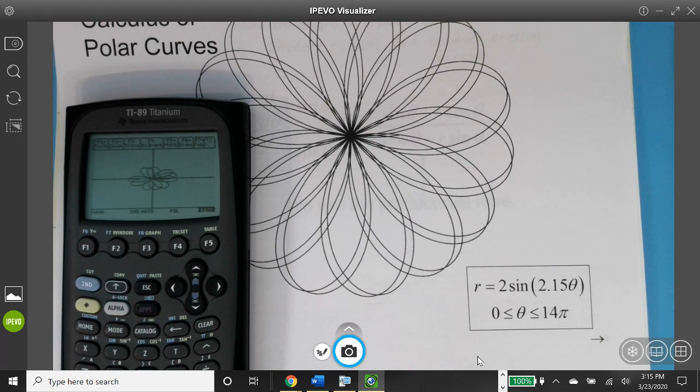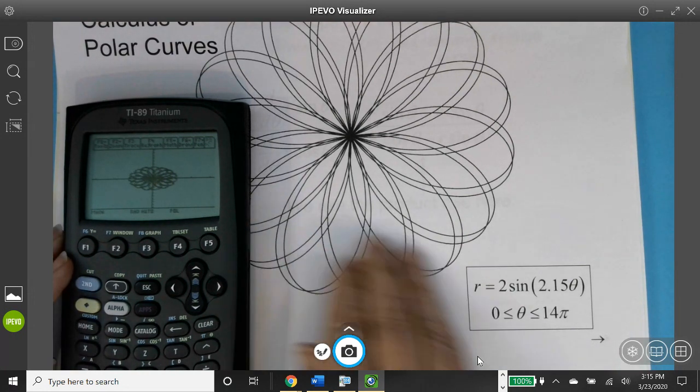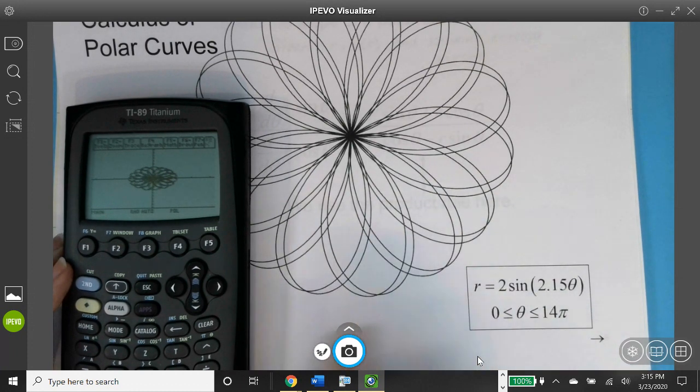We can see it better now. Anyway, I just wanted to show you how to graph a polar curve on your calculator on your 89 because we haven't done that yet with a wild and crazy period. So that was kind of fun.